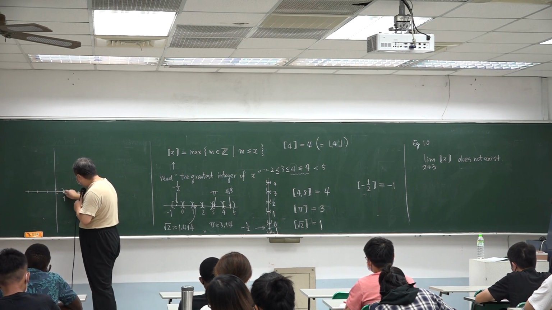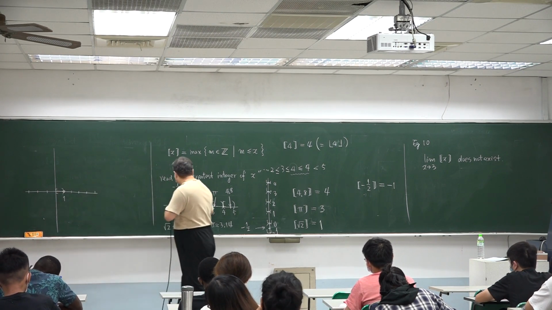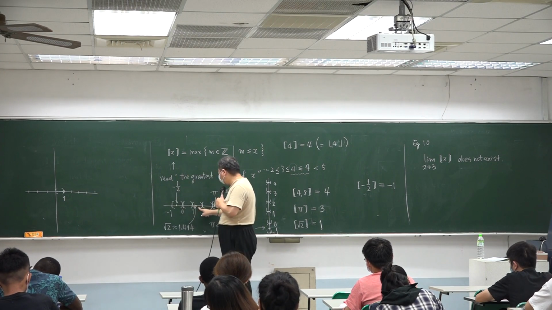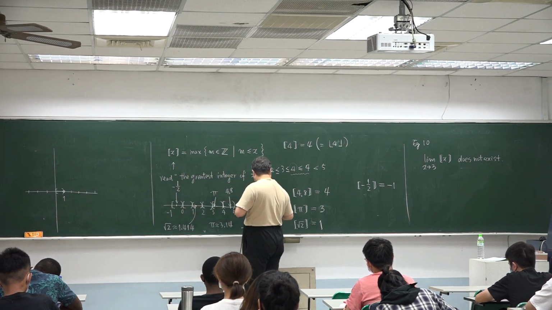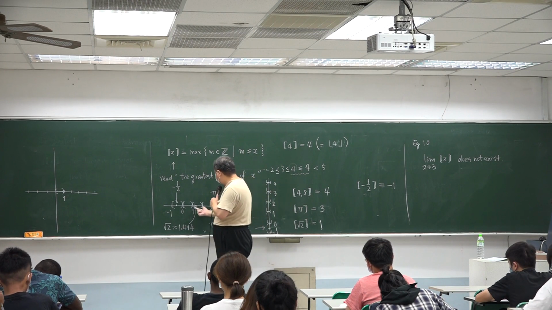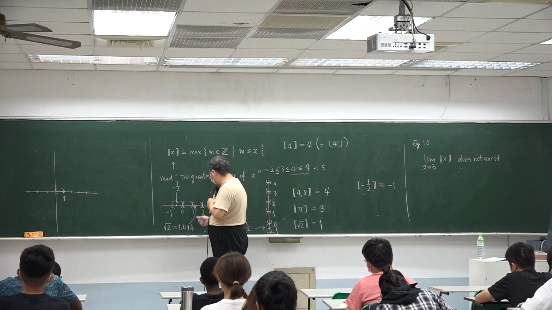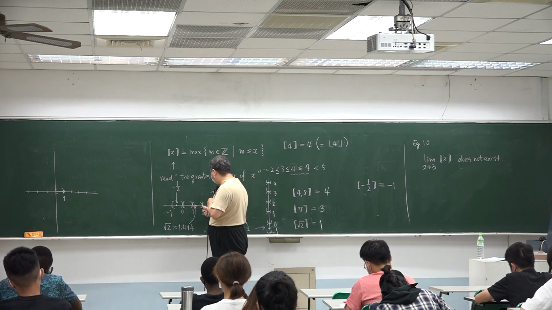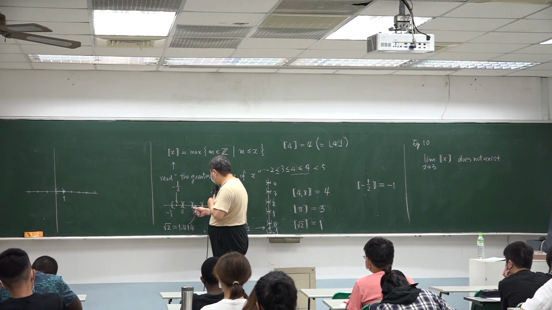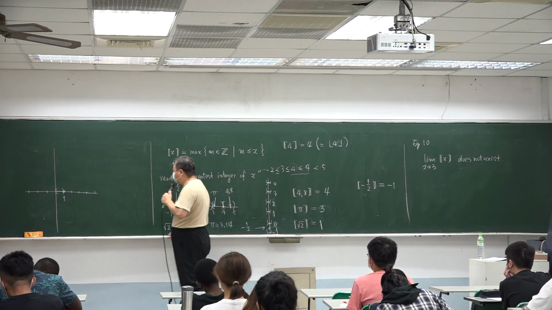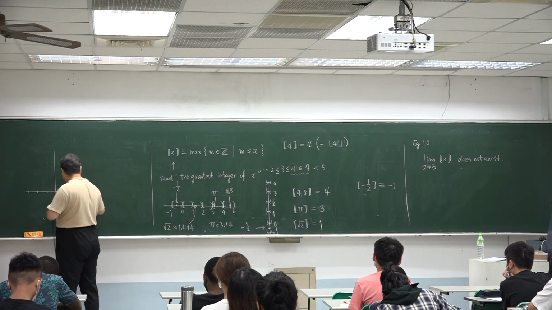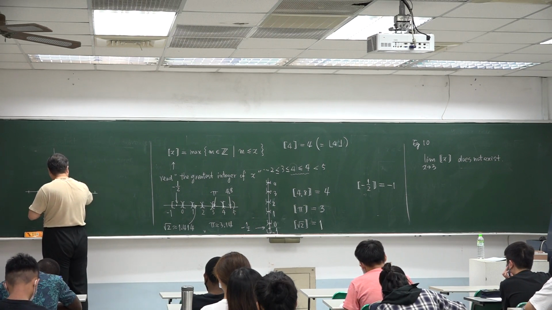Once x equals 1, it already jumps to this floor. So if x is between 1 and 2, inclusively, exclusively, they are all 1.